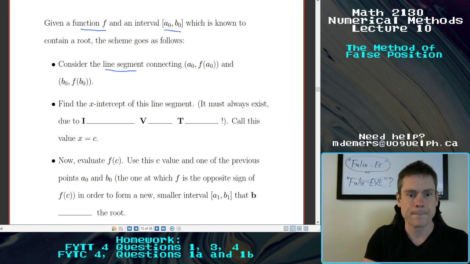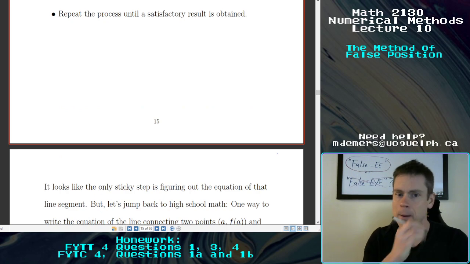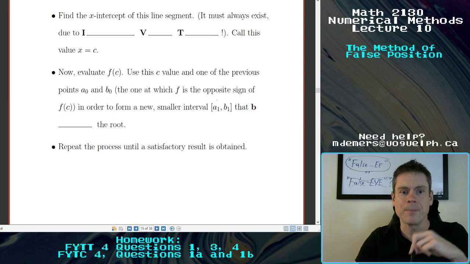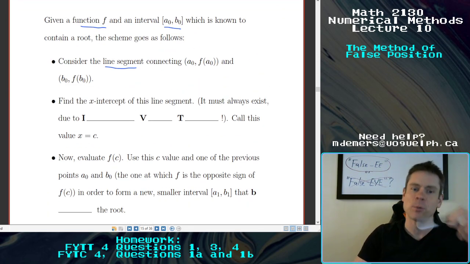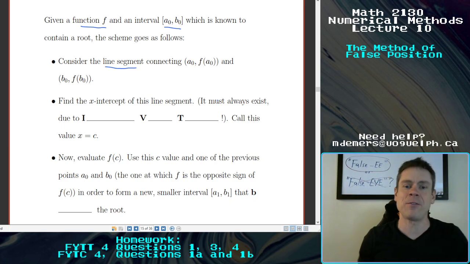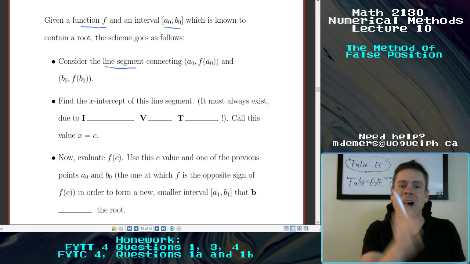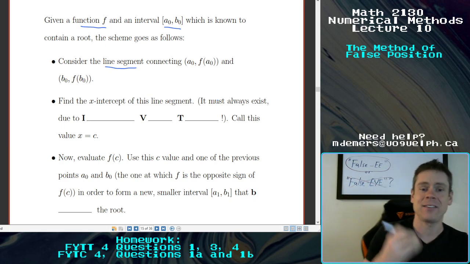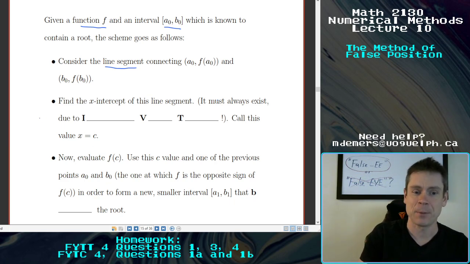I wonder, do I have a graph down here? I don't think so. Maybe I'll draw something afterward to show you how this works. So we've got a line segment connecting (a0, f(a0)) and (b0, f(b0)). And rather than just dividing that interval in two, we're going to find the x-intercept of the line segment we draw between the two.